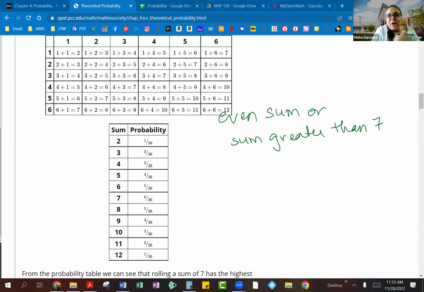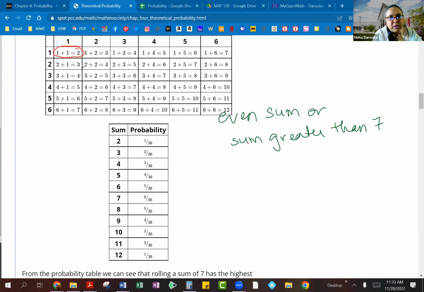So when we're talking about even sum, which events did you guys use for that? When it says even sum. Yeah, very nice, Terry. So basically it's going to be where your total comes out to be all the even numbers, right?